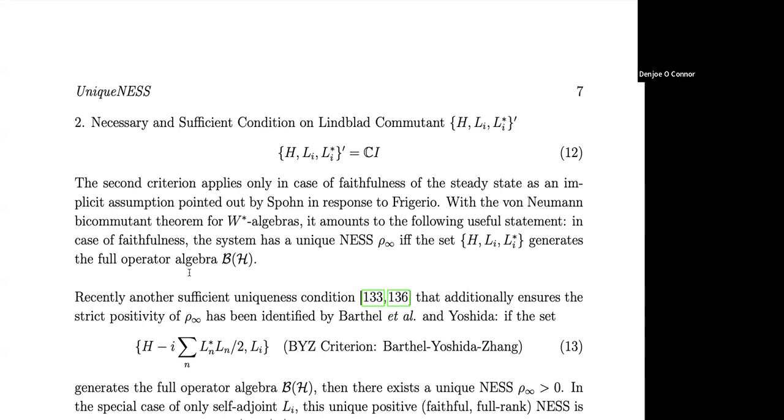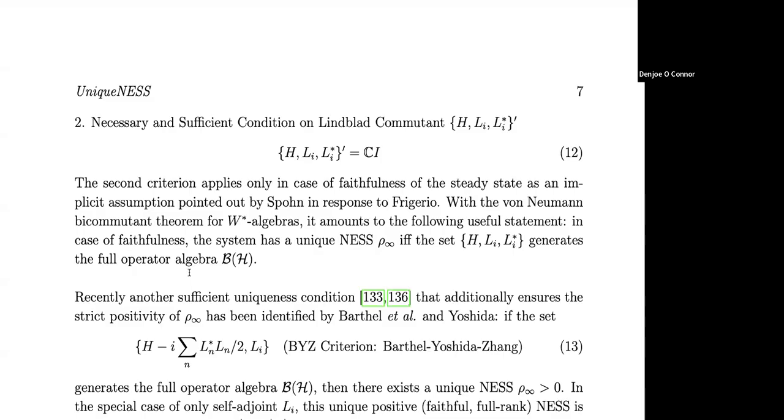And then if you look at W star algebras as opposed to C star algebras, you take a different topology, but they are characterized by the fact that they are closed under commutants. So you take the commutant, all the operators that commute with the operators, and then you take the commutant again.